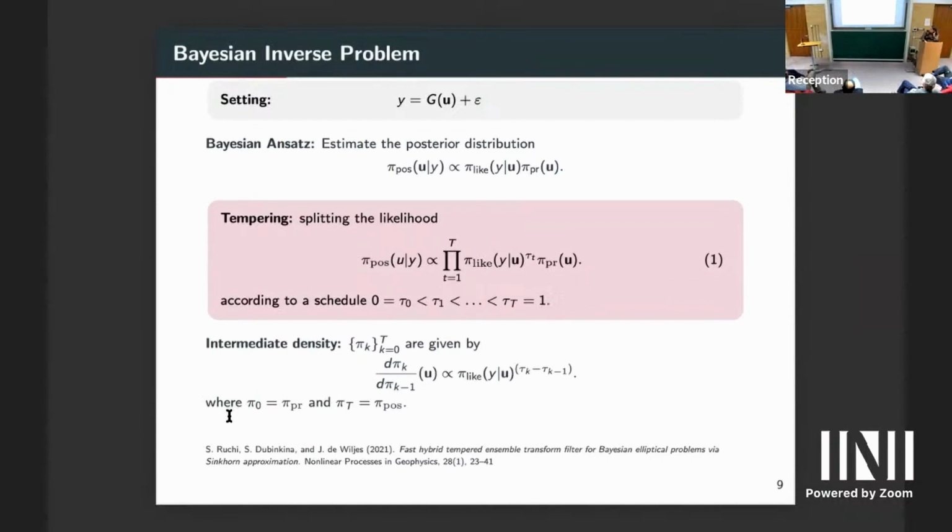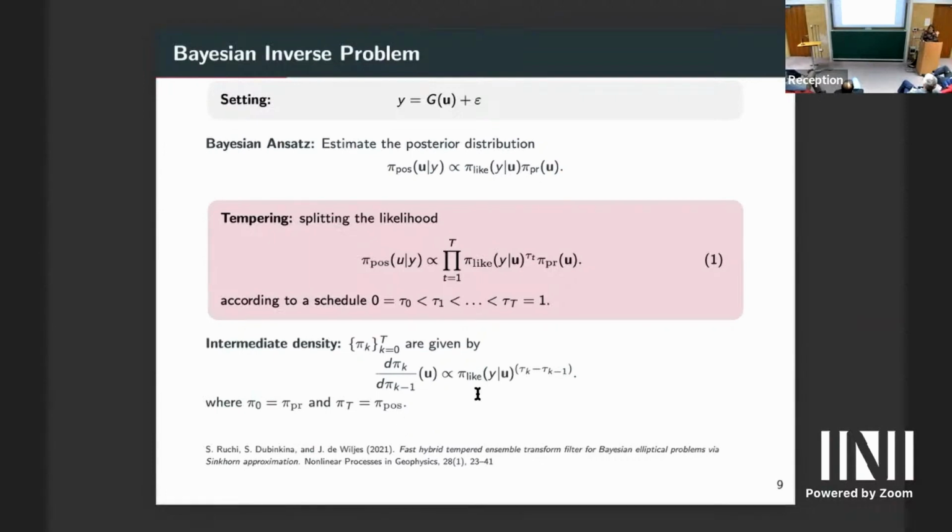My first measure is obviously my prior, and then hopefully at the end I end up with my posterior. So with that ansatz in mind, I can now apply the methods I've been proposing, and now for data assimilation, we can use them for the classical inverse problem.